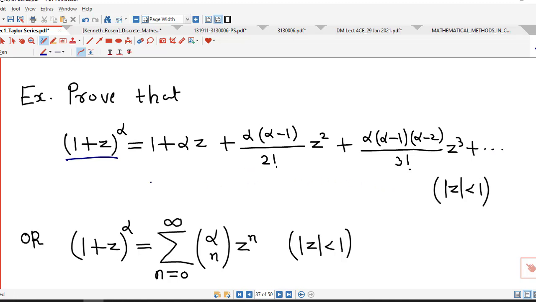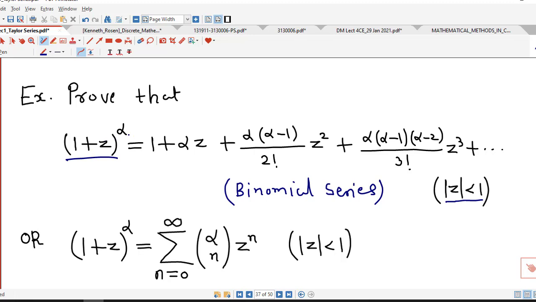If you can remember, this series on the right hand side is a very famous series known as the binomial series, and it is nothing but the Maclaurin series expansion of the function (1 + z)^α, and this expansion is valid for all z satisfying absolute value of z is less than 1.